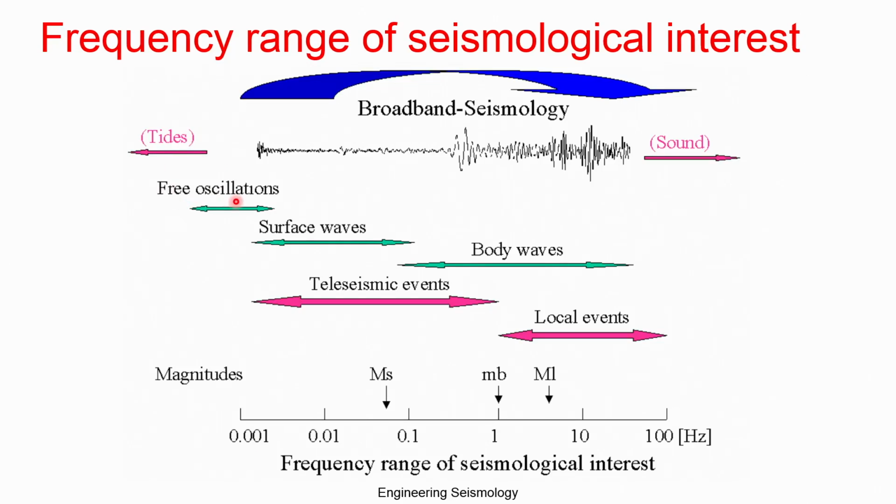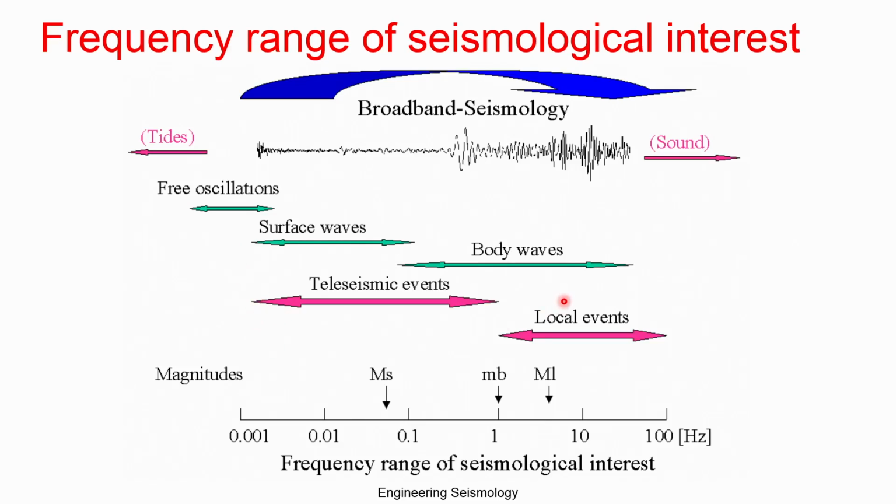Then the surface wave is the next frequency range, generally 0.001 to 0.1 hertz. Then the body wave is from 0.01 to more than 10, close to 100 hertz.